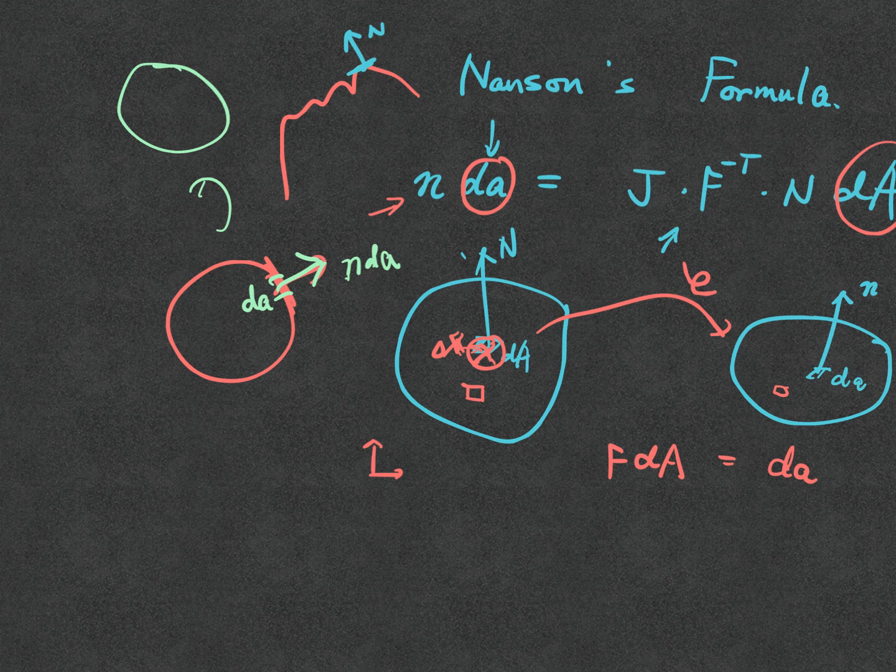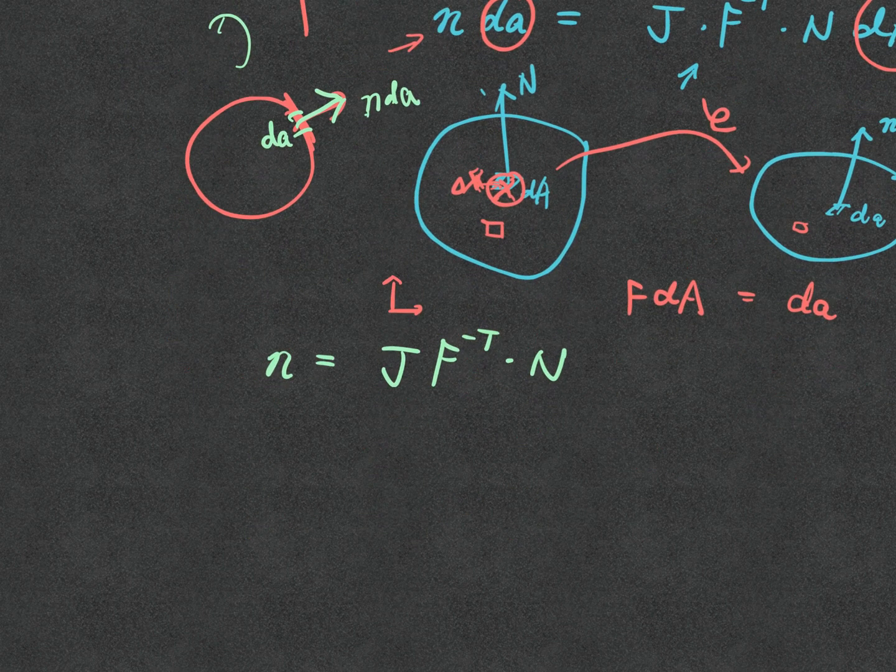In fact, the easiest way to think about the n vector is to consider this as the F minus T dot N. This is actually well known. The reason we come into this expression is because we want the norm of the n and the norm of the N to be both equal to 1 in order to qualify as directions.